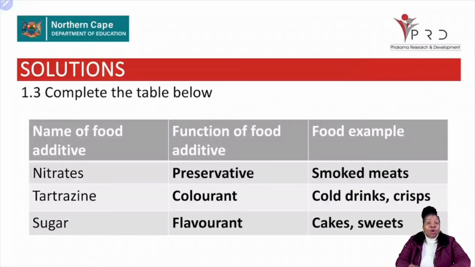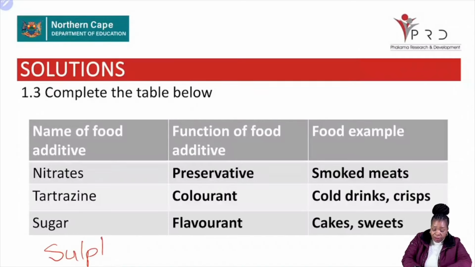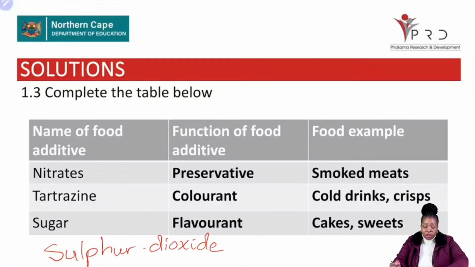And remember, on the previous question, we also said sulfur dioxide is a preservative. So nitrate and sulfur dioxide are both preservatives. Their function is to preserve food. They are called chemical preservatives.